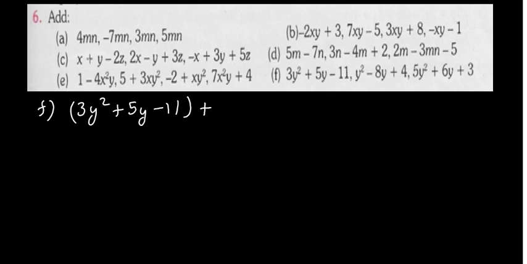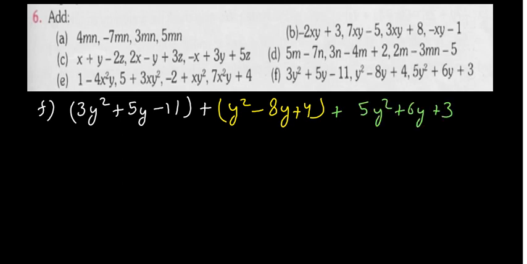This is your first algebraic expression. Then you have your second algebraic expression as y square minus 8y plus 4. Then you have your third algebraic expression as 5y square plus 6y plus 3. In this manner you have all three algebraic expressions. Now I will open the bracket.